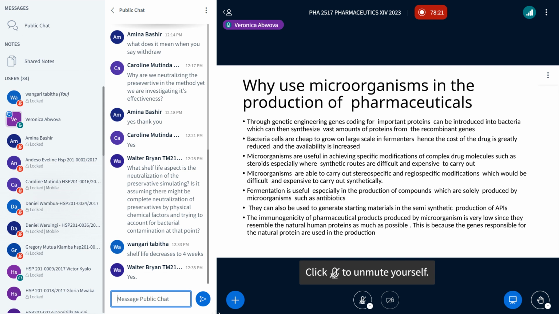But when you're looking at complex drug molecules, whereby you need to achieve stereospecificity, and if you don't, then the compound is not active, it means that it can become quite complex.